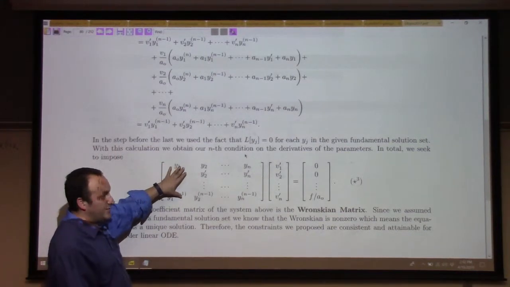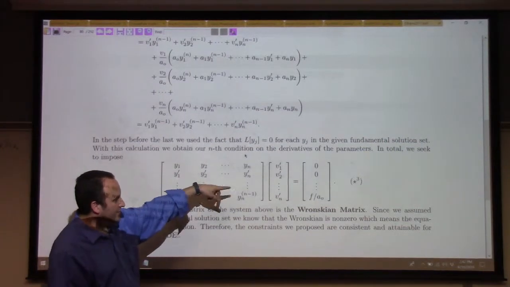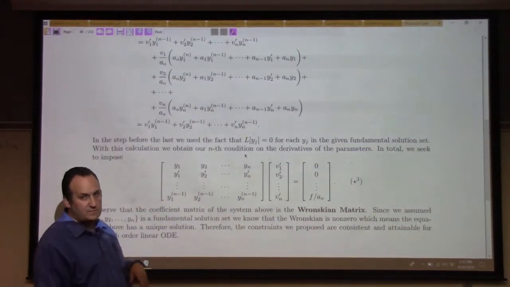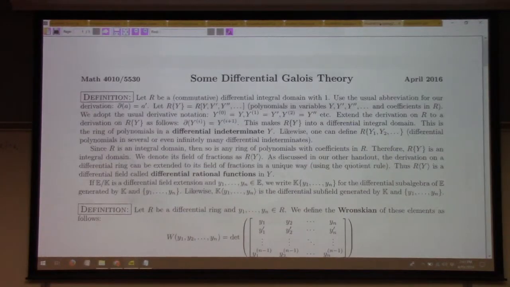That makes this an everywhere invertible matrix, and so you can solve for the parameters, and then you can integrate. That's the method of variation of parameters. This is a completely general method. I do not test past n equals 2 in differential equations because I don't need that trouble in my life.